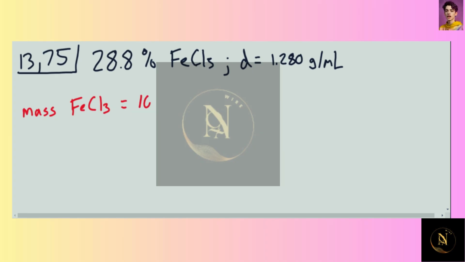So we just choose our total mass of solution as 100 grams, and then multiply it by this ratio of 28.8 to 100%. And that gives us 28.8 grams of iron chloride.